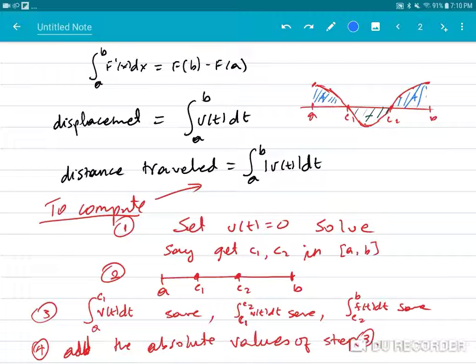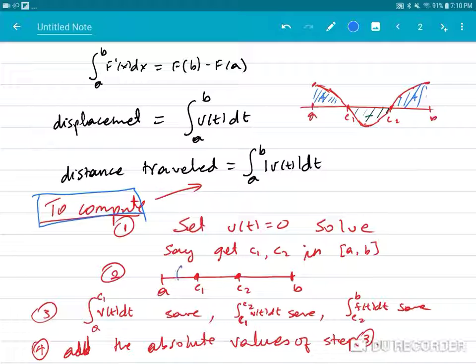Okay, so that's how we in practice compute distance traveled. Set the velocity to 0 and solve it, and find all the zeros. Throw away the ones that are not in the interval from a to b. Keep the ones from a to b, and then list those zeros and a and b on a number line.